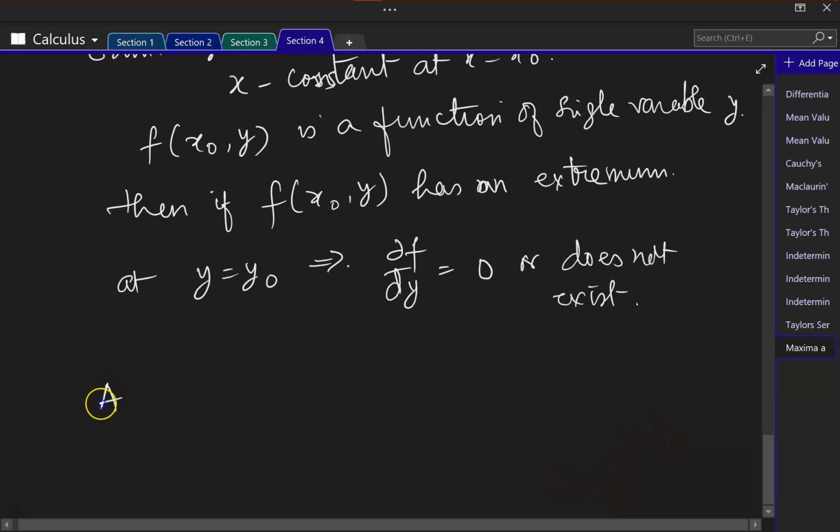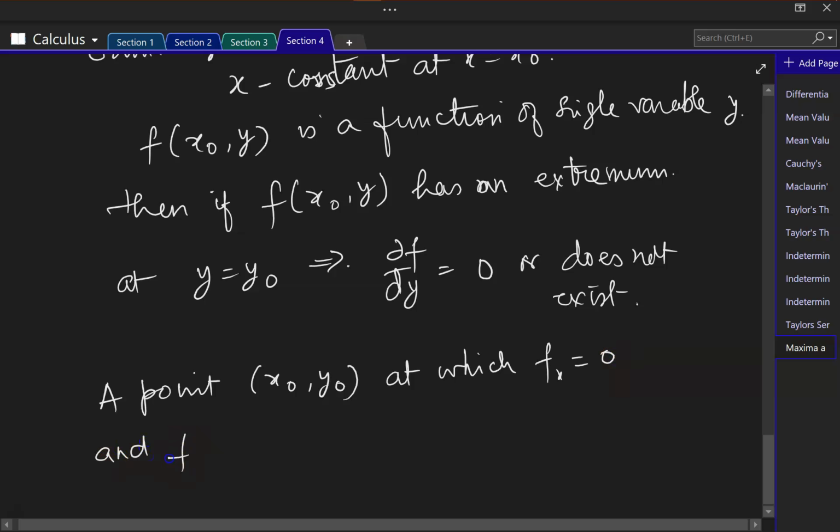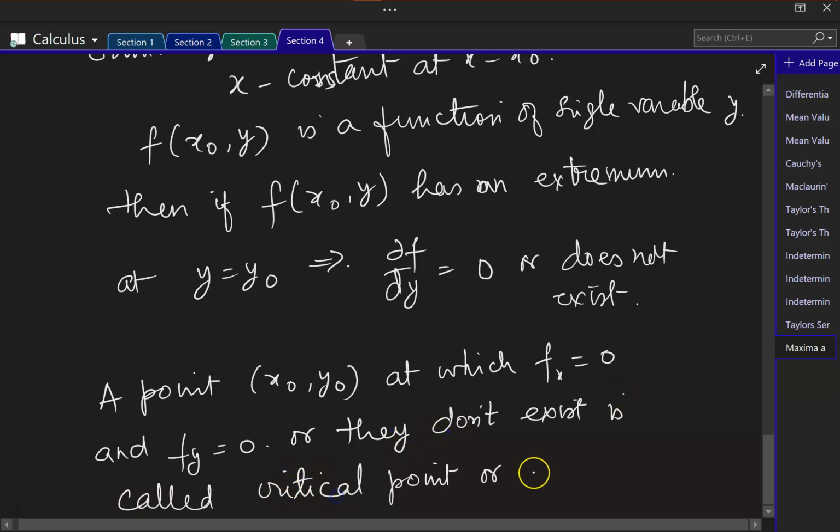So a point x naught y naught at which fx equal to 0 and fy equal to 0, that means partial derivative with respect to x, and here partial derivative with respect to y, or they don't exist, is called a critical point or stationary point.